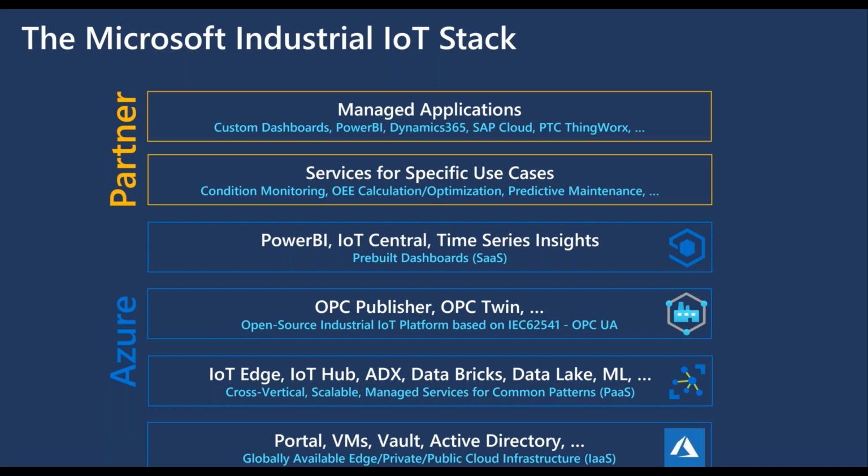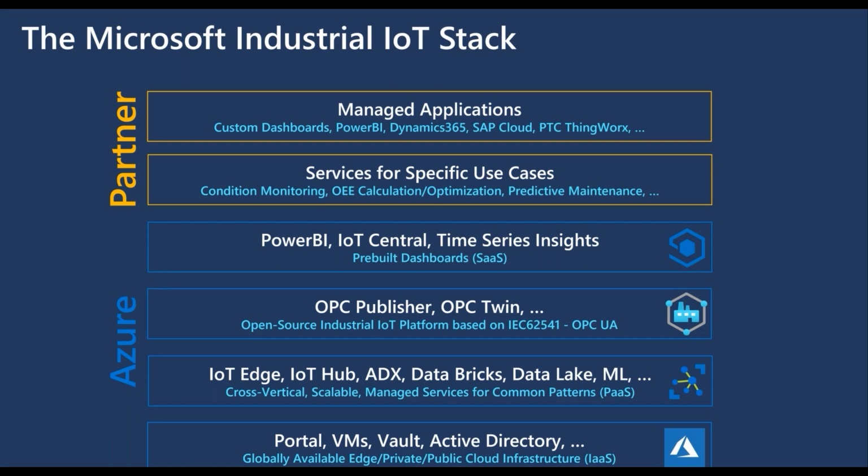On top of that, you have your managed services, which are, again, vertical independent. They are generally applicable to many different use cases. And you have your IoT Edge, your Hub, your Data Explorer, and Data Lake, and all of those things in there. And again, Microsoft carries the beeper. You don't need to worry about keeping that service up and running. Microsoft does that for you.